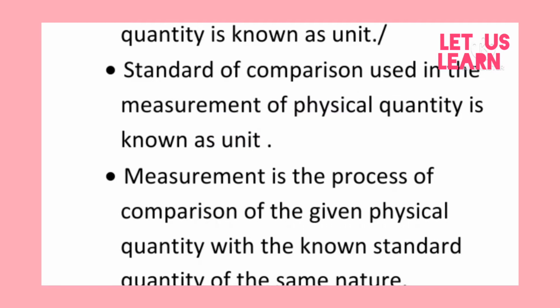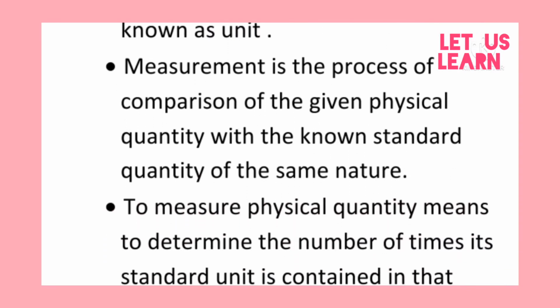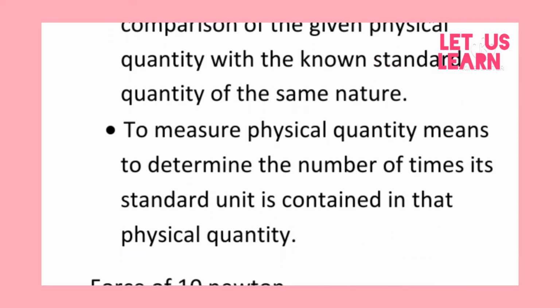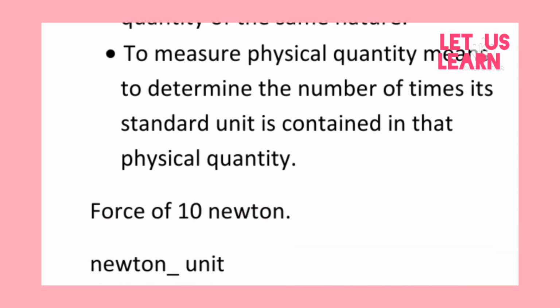So these are the very basic points. And what is measurement? Measurement is the process of comparison of the given physical quantity with the known standard quantity of the same nature. The standard quantity used to measure the given physical quantity is called the unit. To measure a physical quantity means to determine the number of times its standard unit is contained in that physical quantity.